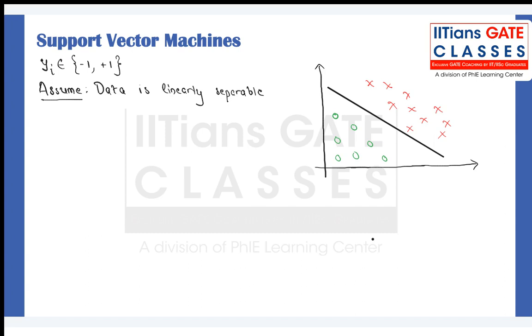But if I had a test point over here, what label do you think should have been assigned? It might seem that this is rather a red point than a green point. But my perceptron will classify it as a green point, correct? Because it falls in the green region.